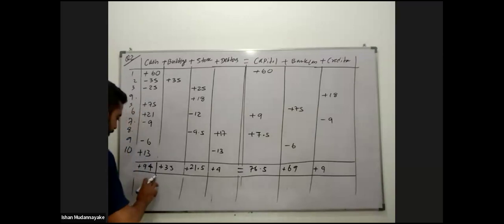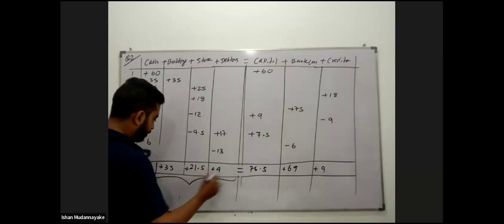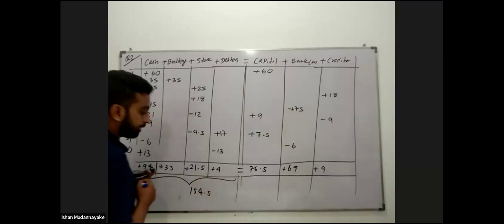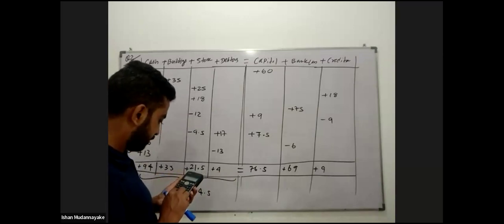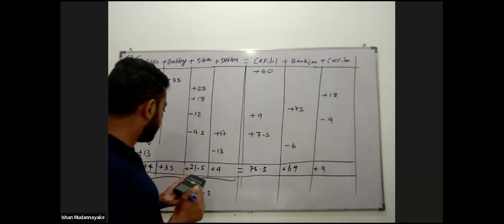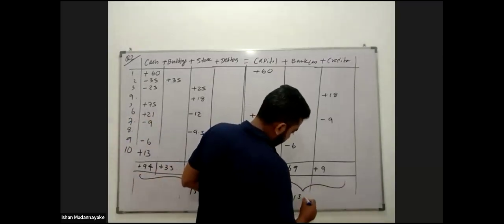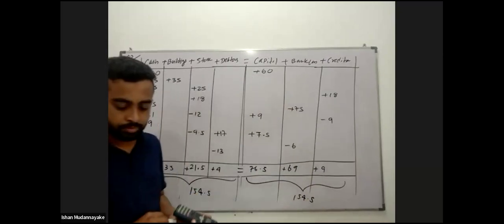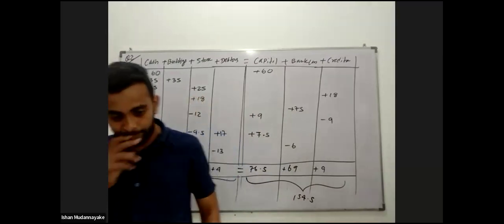Right, and the debit side total amount is 154.5. And then the credit side total amount? Same amount, right? Yes, 154.5. Equal.